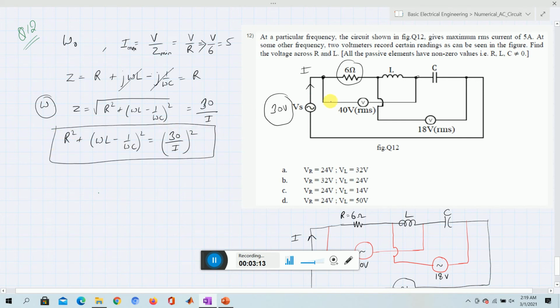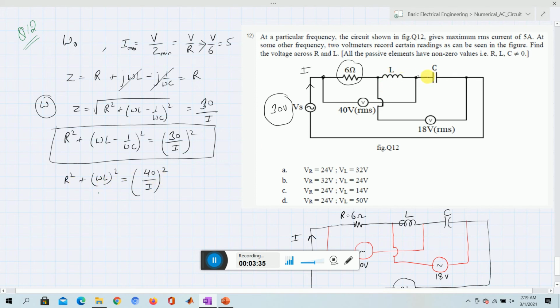Second thing is that we are measuring the voltage across R and L. At the time the same current is flowing, so we can also write that R square plus omega L whole square is equal to 40 divided by I, whole square. We have this Z square equal to R square plus omega L square.